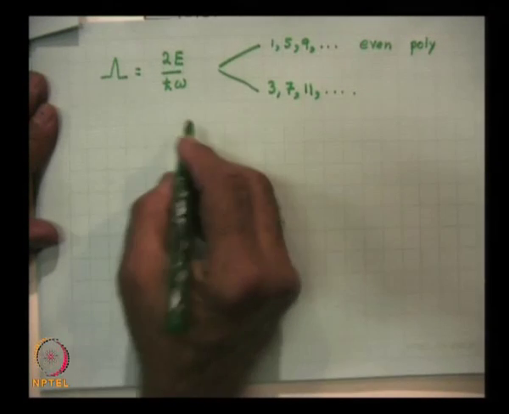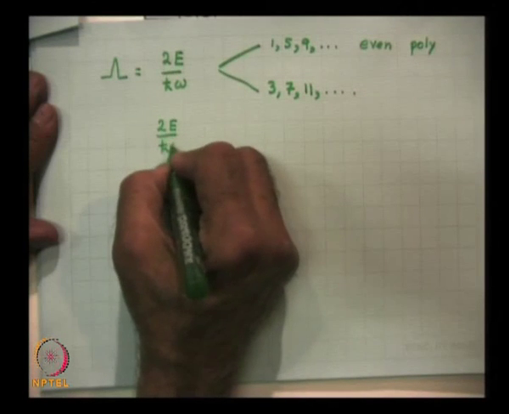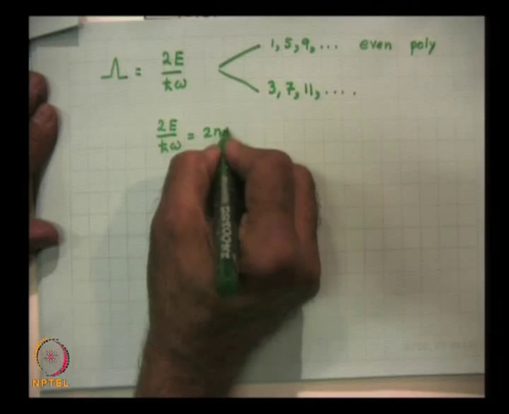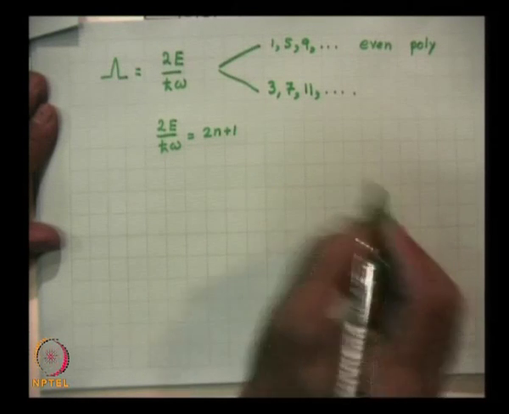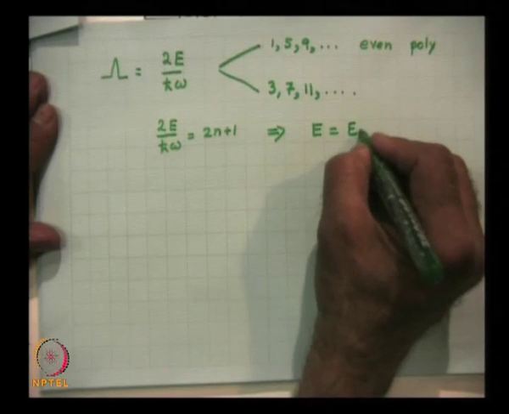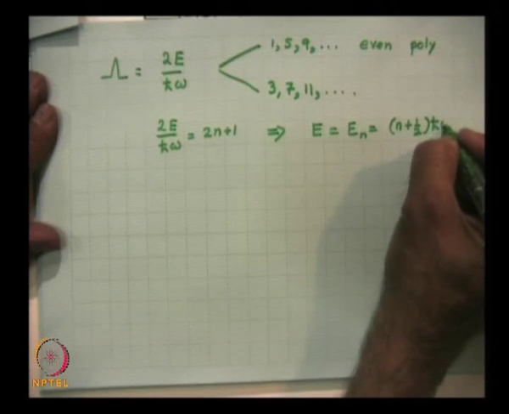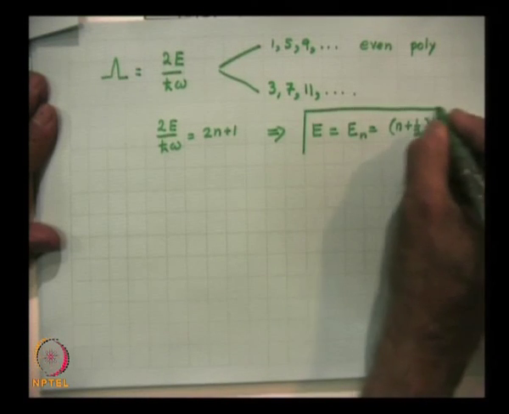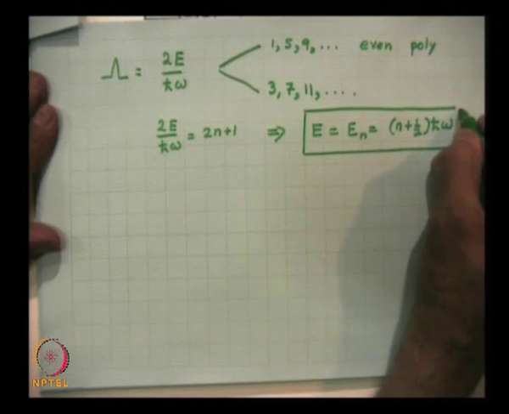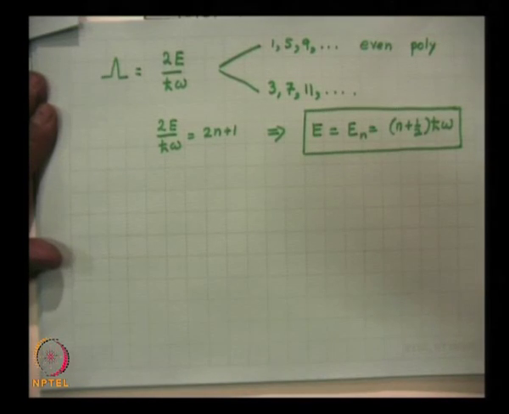So, we will have an odd integer. So, therefore, 2E by h cross omega must be 2n plus 1. So, this implies E_n is equal to n plus half h cross omega. This is an extremely important result that we have been able to find out. These are the discrete energy eigenvalues of the harmonic oscillator problem.